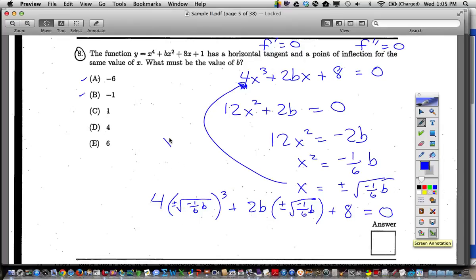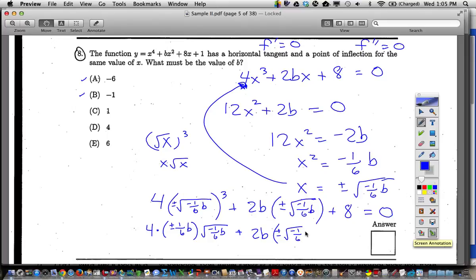In other words, if you had square root of x and then you cubed it, that'd be square root of x times square root of x, which would just be x, and then another square root of x. So this is going to be just 4 times plus or minus 1/6 b, and then a square root of negative 1/6 b, plus, and then this is 2b. Yeah, I'm missing something here.